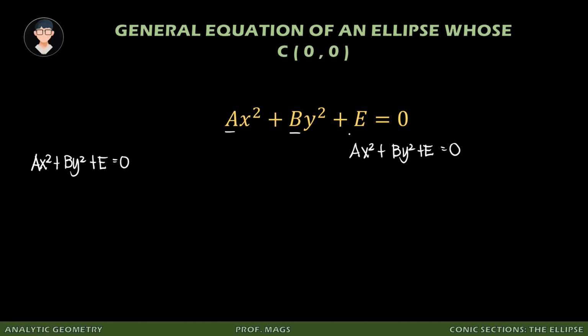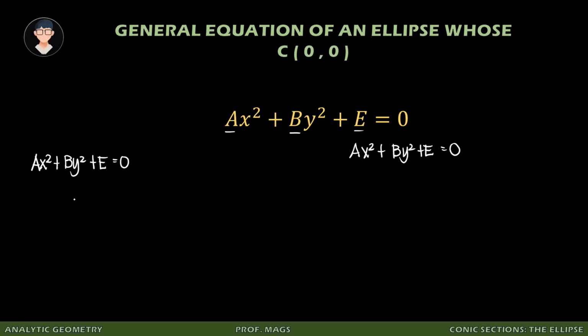So ibig sabihin wala siyang katabing variable as you can see here. Di katulad nito, yung B may katabing y squared, yung A may katabing x squared. Dito sa E, constant term lang yan. Example na yan is 5, -10, -100, and so on. So let's analyze.